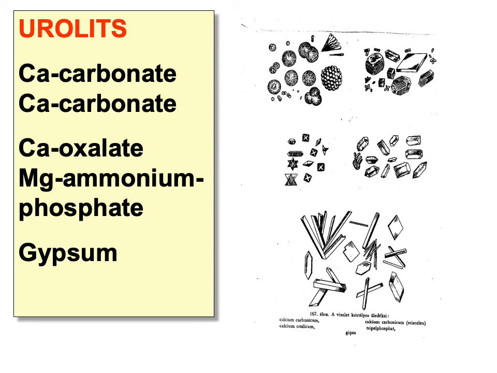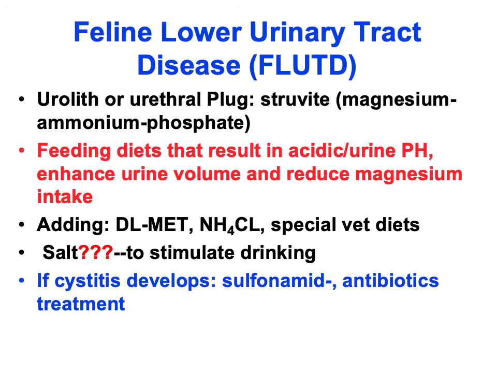And to see how to manage feline lower urinary tract disease, FLUTD, the previous feline urinary syndrome, the most common urolith or urethral plug is the struvite crystal, the magnesium ammonium phosphate.